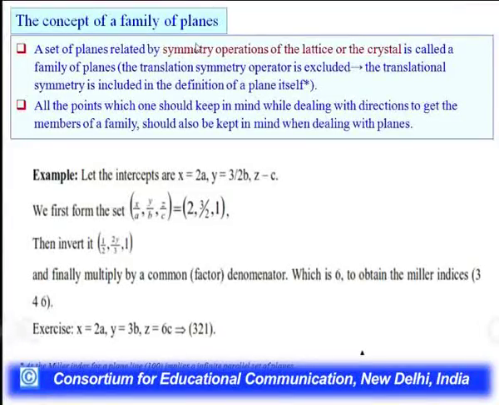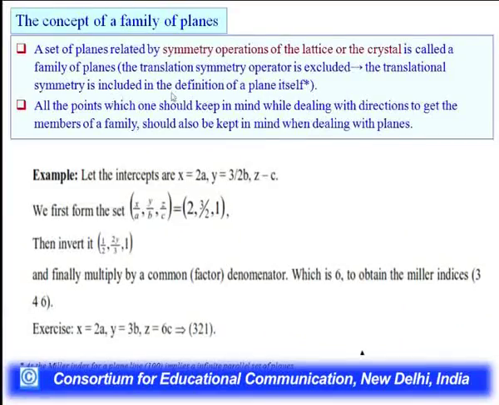Now, what is the concept of family in the Miller indices? We are defining not a single plane, but a set of planes in the Miller indices. A set of planes related by symmetry operations of the lattice of a crystal is called a family of planes. The translation symmetry operation is excluded in this term. Translation symmetry is included in the definition of the plane itself.